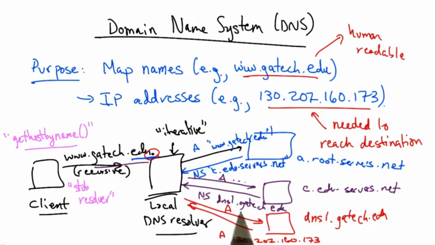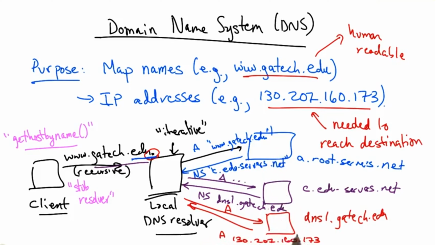Now, this process of referrals, as you can see, can be rather slow. A particular DNS query might thus require round trips to multiple servers that are authoritative for different parts of the hierarchy. The blue server is authoritative for the root, the purple server is authoritative for .edu, and the red server is authoritative for gatech.edu.